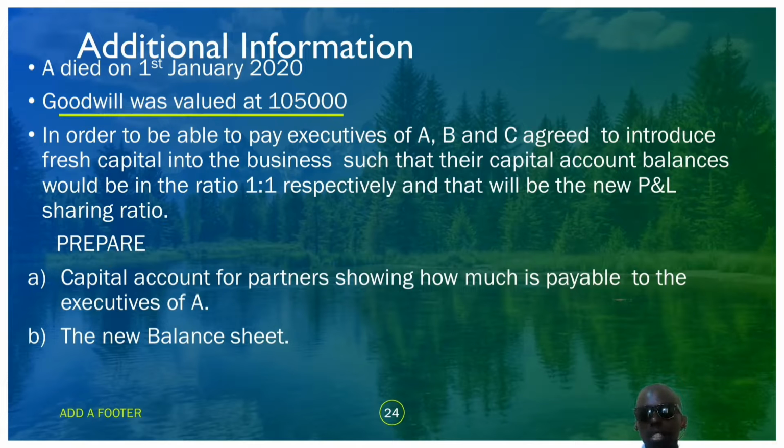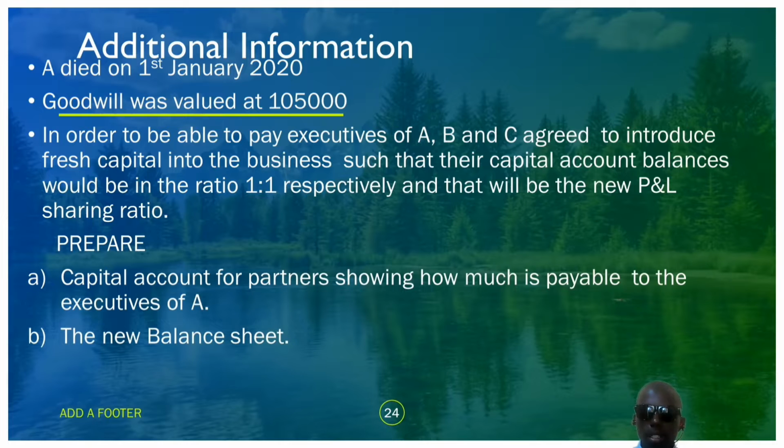That is B and C, the ones that are still alive to continue the partnership, and that ratio of 1:1 will be the new profit sharing ratio. We are required to prepare the capital accounts for the partners showing how much is payable to the executor of A, and the new balance sheet.